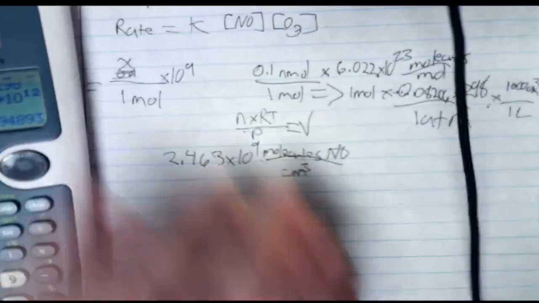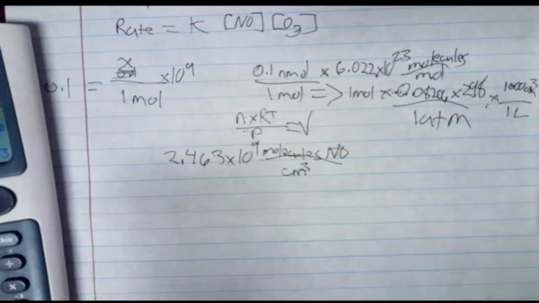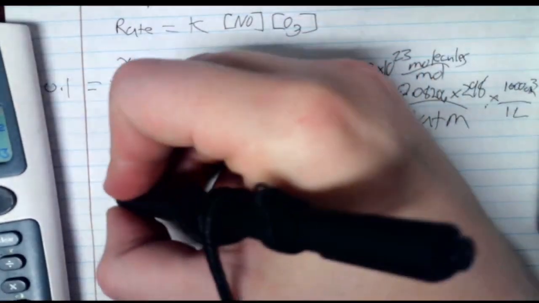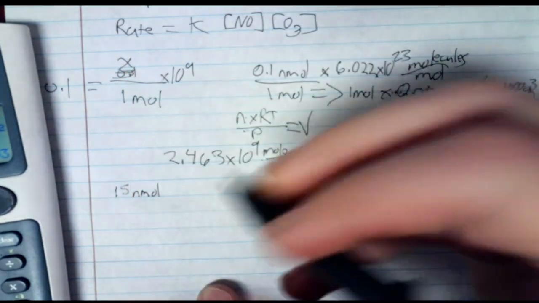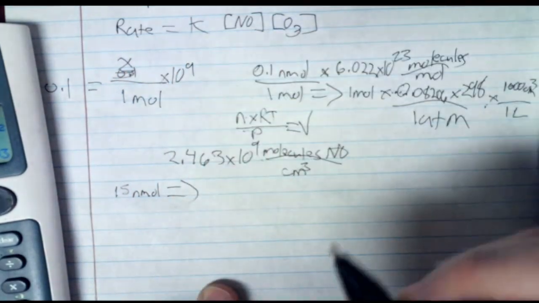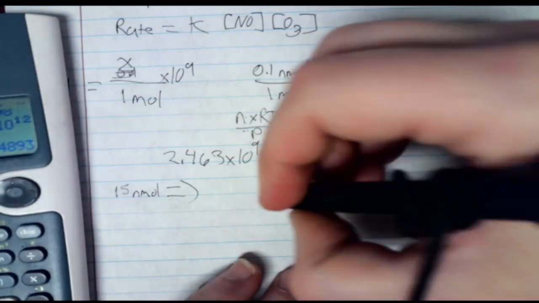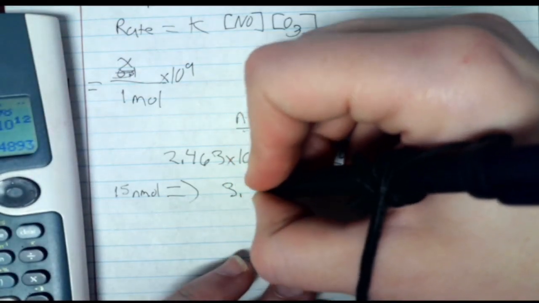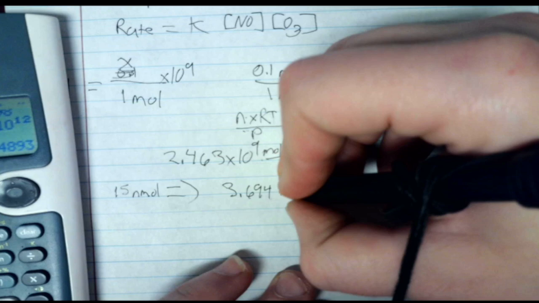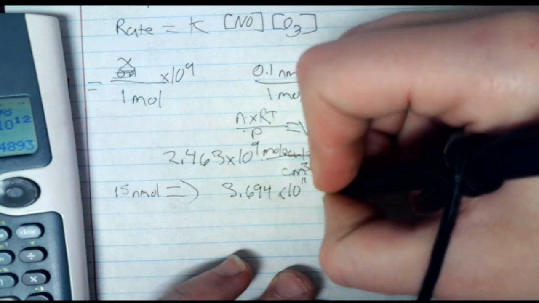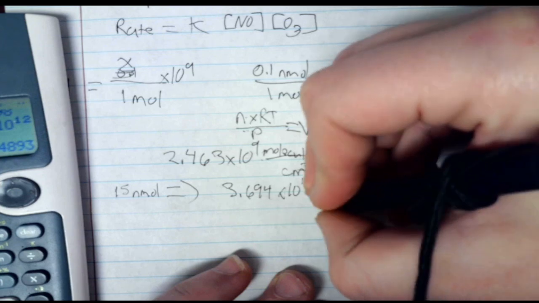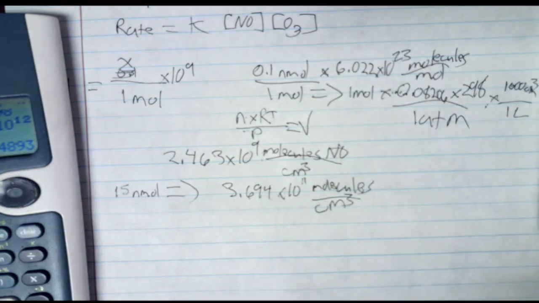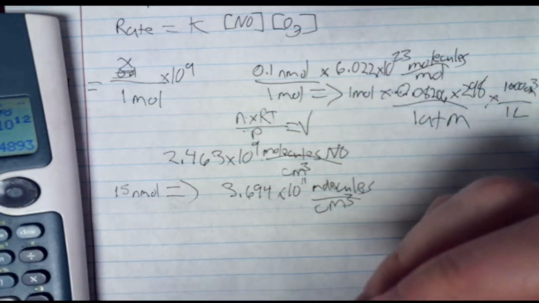I'm running out of time and I'm running out of room. Doing the exact same thing with our ozone, 15 nanomoles, same steps, same exact conversion. You'd get something like 3.694 times 10 to the 11th molecules per centimeter cubed. I hate to rush this, but I gotta rush it.